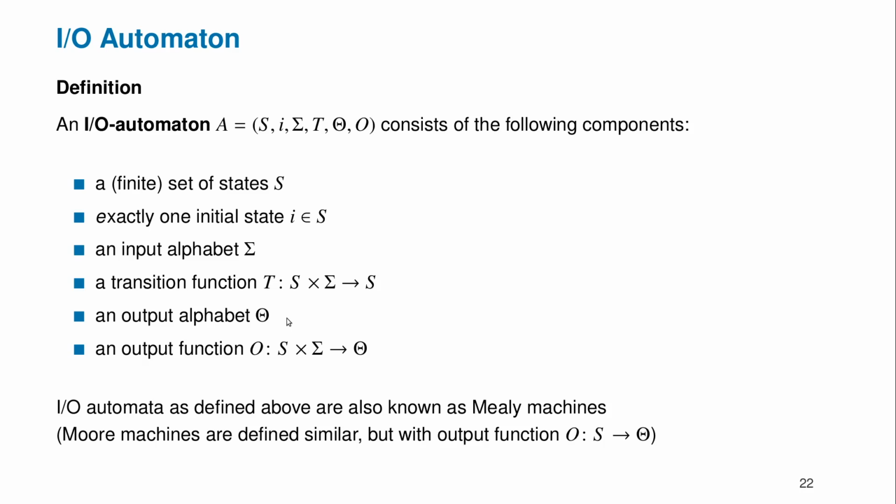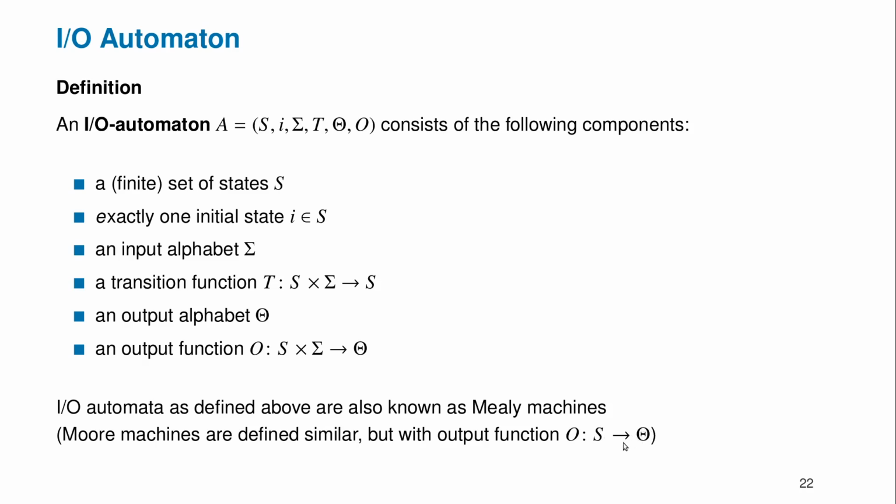This kind of I/O automata, as we have defined it here, are also known as Mealy machines in the literature. There is an alternative definition which is known as Moore machine, and these Moore machines are defined in a similar way, but the output function is different. When we have a Moore machine, the output function maps only a state to a symbol of the output alphabet.